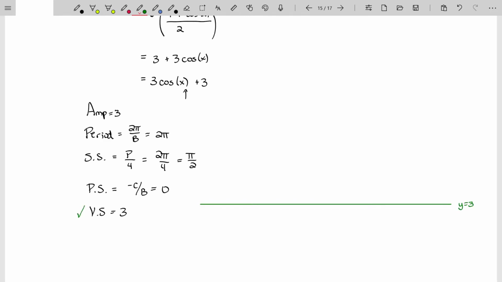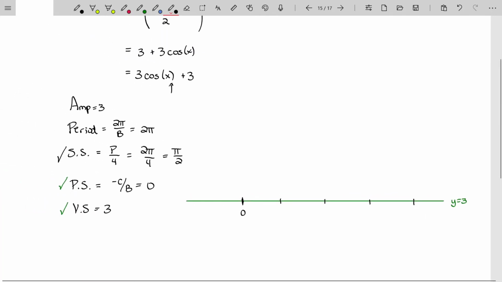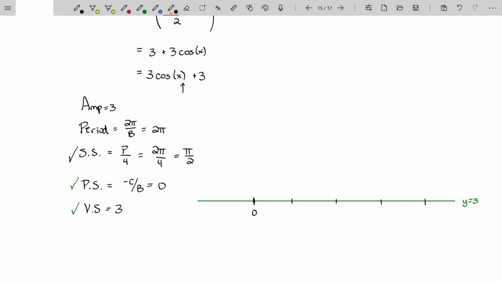So that's done. We don't have a phase shift, so I'm going to go ahead and plot my initial graphing point at 0. Then I will go by the step sizes to plot 4 more points. 1, halfway through, 2, halfway through that, 3, and halfway in between those two, 4. Those are 4 steps, and we're going to go by step size of pi over 2.